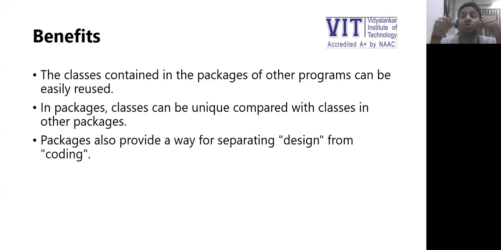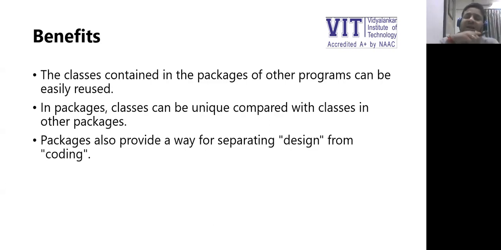If I'm not storing a class in a specific package, then it will go to the default package, and then it becomes very difficult for me to search for that class. So it is logically correct to group the classes and interfaces based on their functionality, so that when we need them, we know where to look for them and where to import them from.